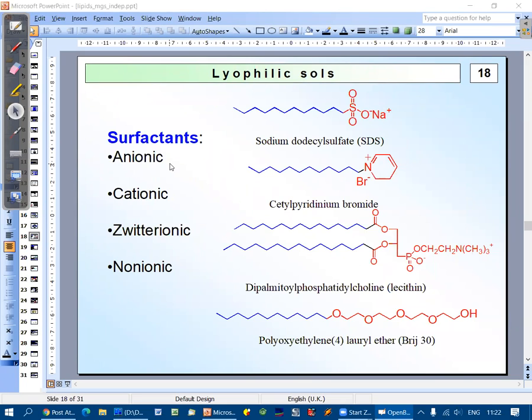It can be anionic. The polar group in this compound is, of course, this one without any sodium, because in water it will dissociate, forming sodium cations and an anion, in which the polar head will be this one. Cationic.